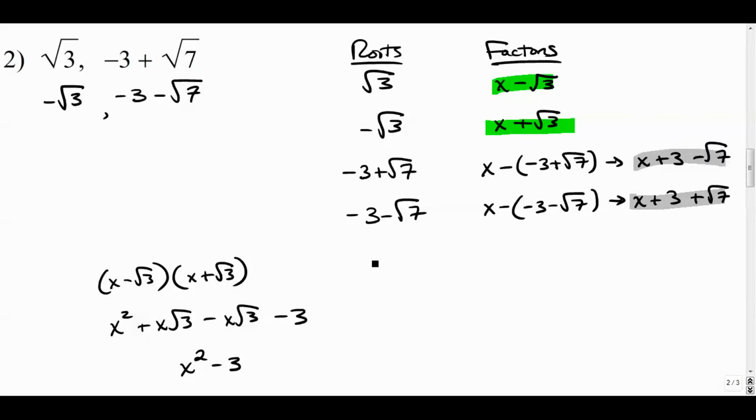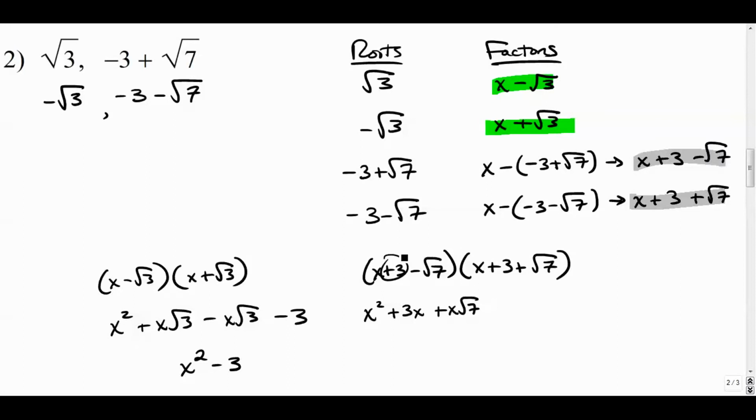Over here, the gray ones, x plus 3 minus root 7, x plus 3 plus root 7. Multiply, we're doing the triple distributive here. The x is going into 1, 2, 3 terms. So here we go. X squared plus 3x plus x root 7.